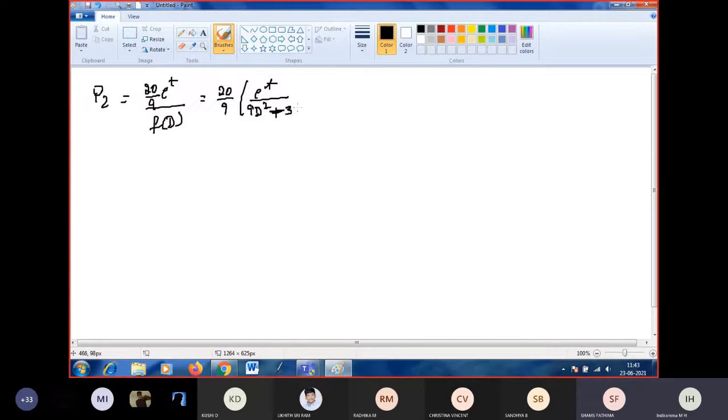Taking 9 common, that is 20 by 81 e power t by D square minus 4.